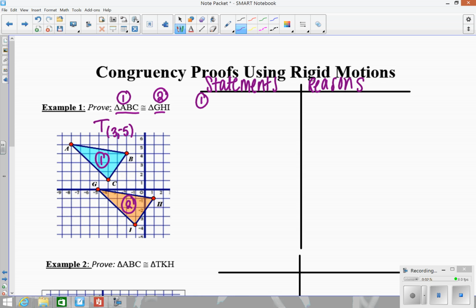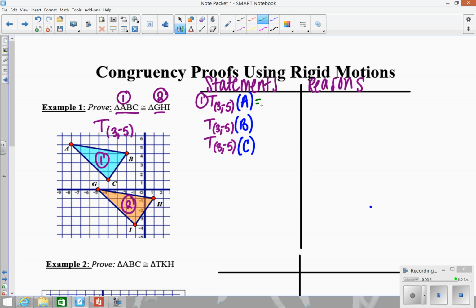So I'm going to start off, I'm going to have 3 points that I'm translating, and they're all going to be translating using 3 negative 5. I'm going to go ahead and write that 3 times. So that's going to be my rule. My inputs here are going to be the points from this blue triangle, so it's going to be A, B, and C. So those are going to be my inputs.